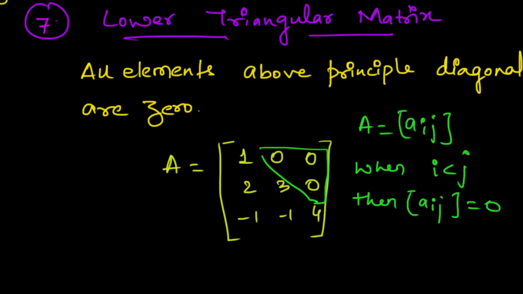So let's see. Here i is 1, j is 2, and here j is 3, so this is 0. Here i is 2 and j is 3, so this is also 0. So whenever i is less than j, Aij will be 0. That's it in lower triangular matrix.